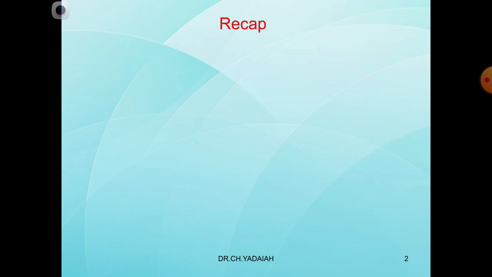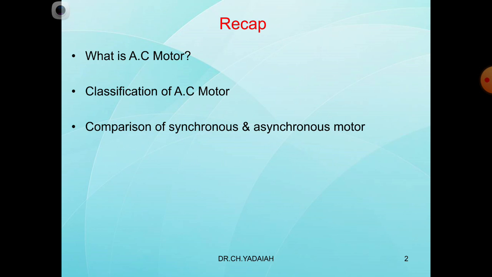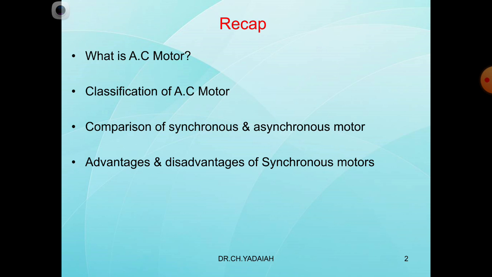So, what we have seen in previous classes: last class we have seen what is an AC motor, classification of AC motors, comparison of synchronous and asynchronous motors, advantages and disadvantages of synchronous motors, and applications of synchronous motors.